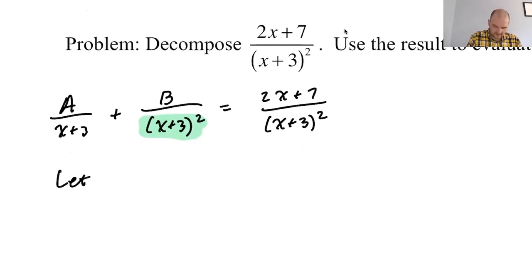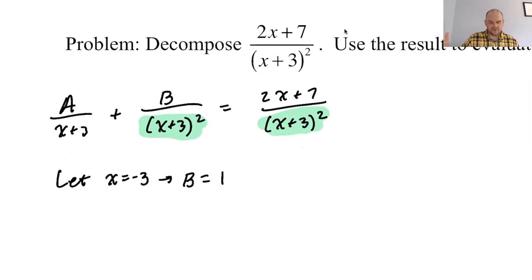If I let x equal -3, I'll know that b is equal to, I cover this up, which is kind of a weird thing to do, then plug in -3. For every x that remains, I get -6 plus 7 is 1. So I actually know that b is 1, which is helpful.